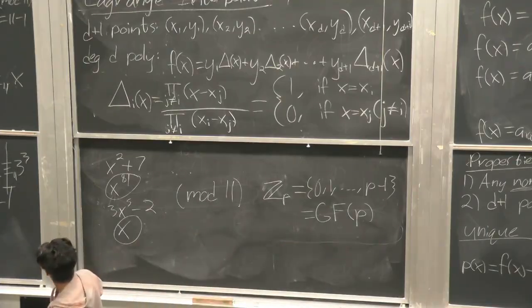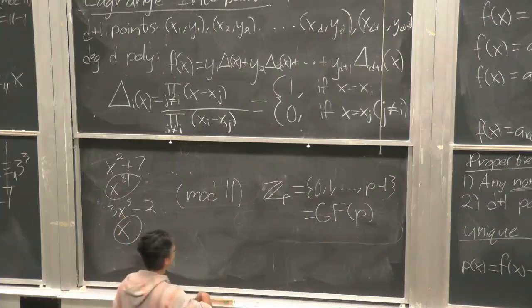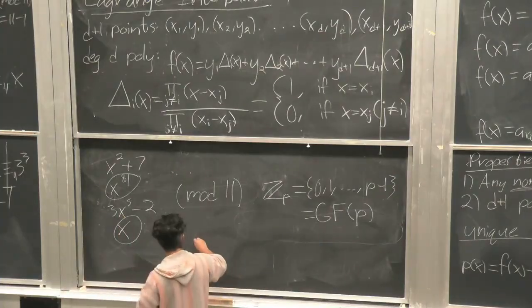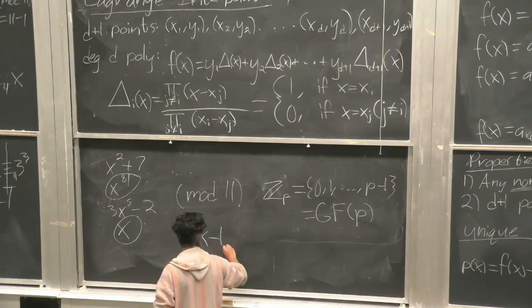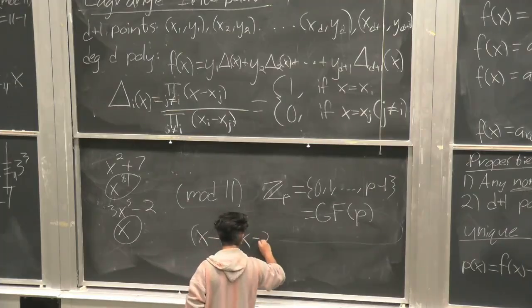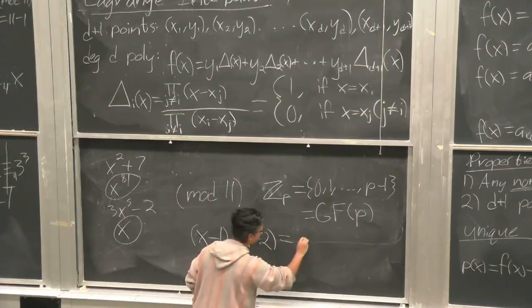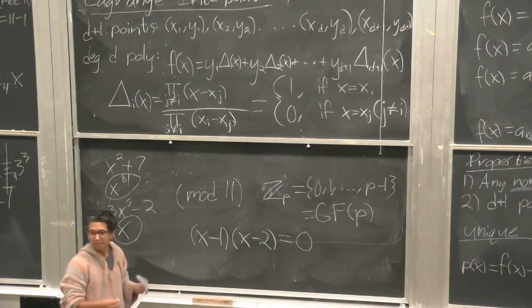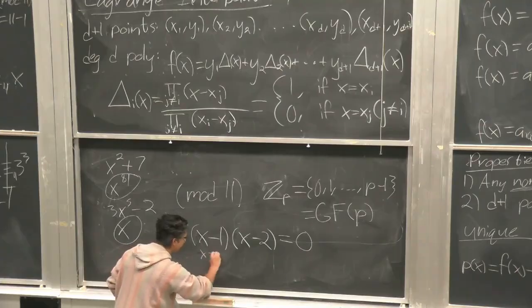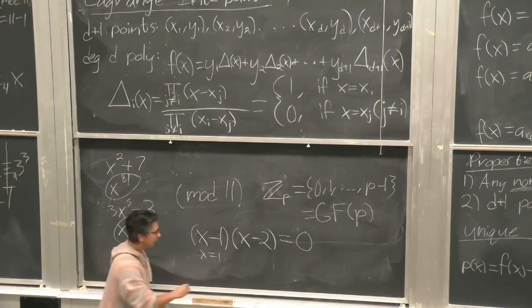Remember when I asked what the roots are to x minus 1 times x minus 2? What are the roots that make this equal to 0? These are easy to see: x equals 1 and x equals 2.